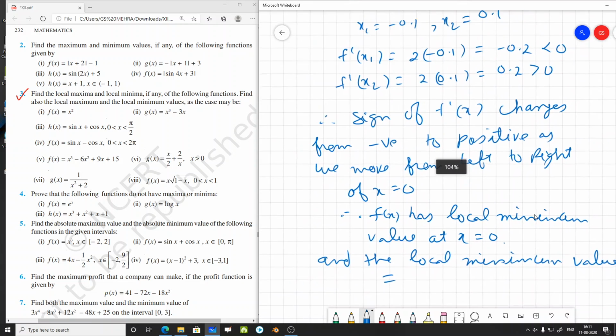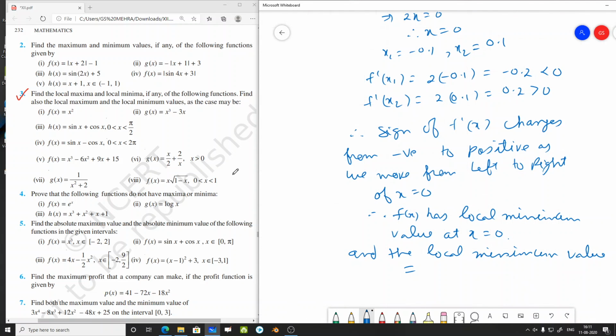So what is our f(x)? It is x square, so f(0) is 0 square, equal to 0. Therefore the local minimum value is 0 and it occurs at x equal to 0.